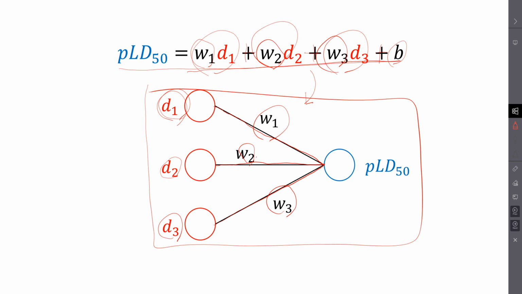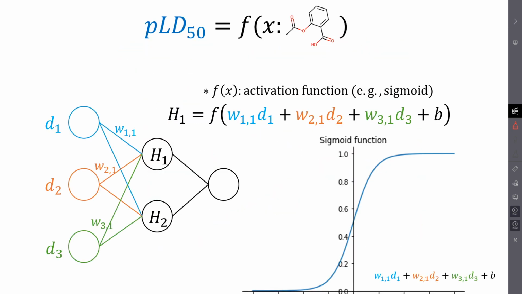Now, sometimes linear regression fails to predict when the data has a much more complicated relationship with the input features, the descriptors. So it's getting complicated.